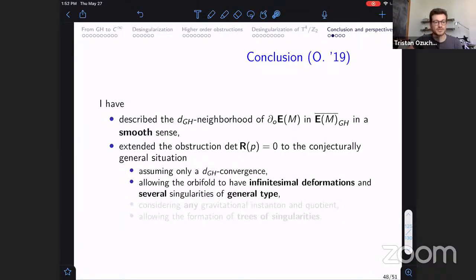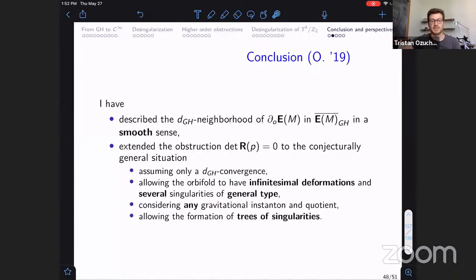You allow it to have several singularities, and not only R^4/Z_2 singularities. And also, it extends to the case of any gravitational instanton, and not only the Eguchi-Hanson metric. And it allows the formation of trees of singularities, at least of these gravitational instantons glued in the same orientation.